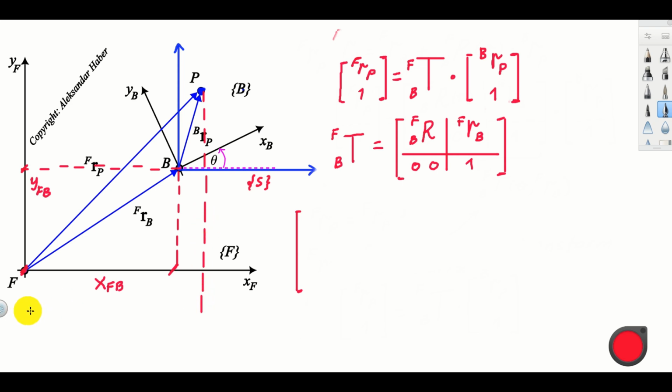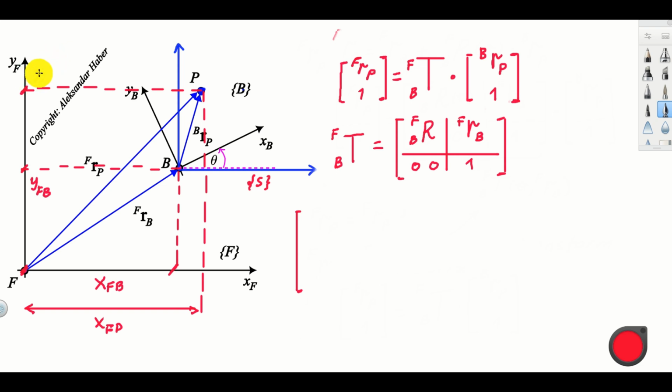This distance over here is actually XFP, and this distance over here, let's nicely write everything, that is the distance from here to the F point, is Y, let me nicely write it down.